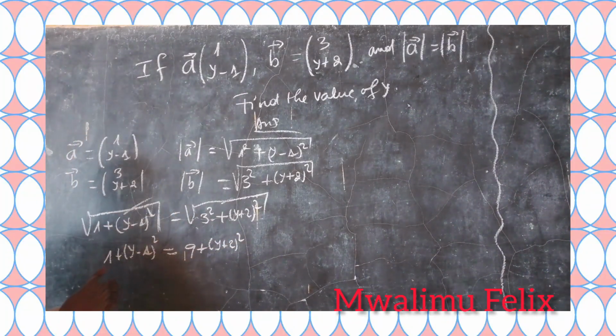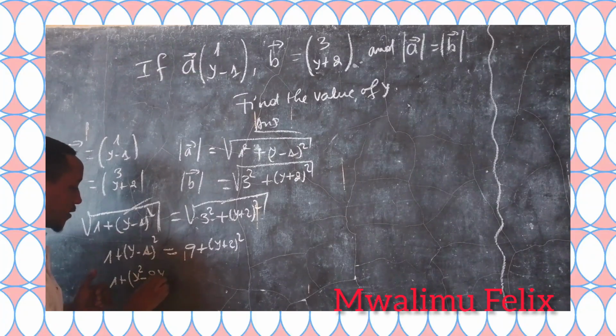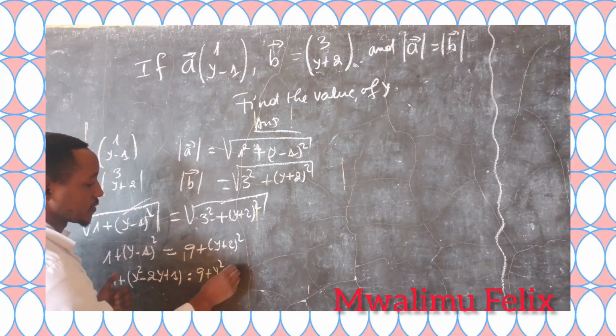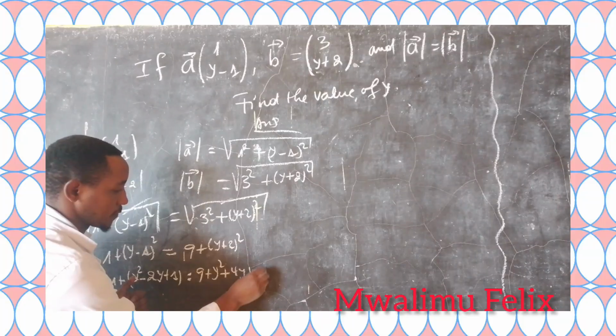Then this is equal to what? 1 plus y square minus 2y plus 1 is equal to 9 plus y square plus 4y plus 4.